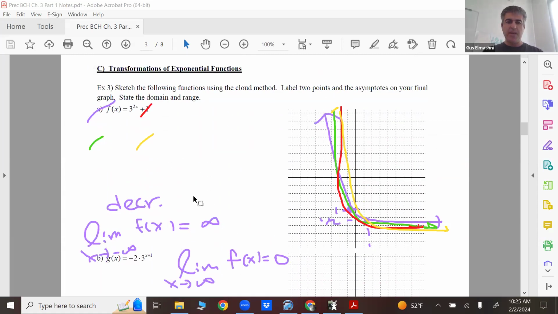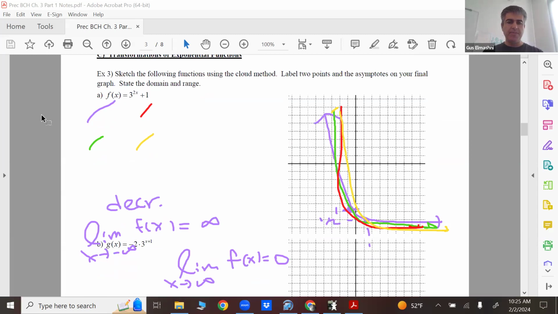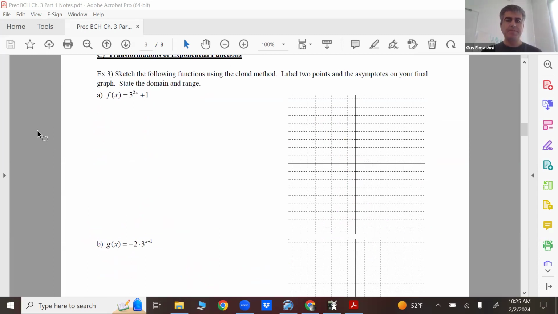Okay, transformations. Don't overthink these. So compare it to the parent function, y equals 3 to the x.